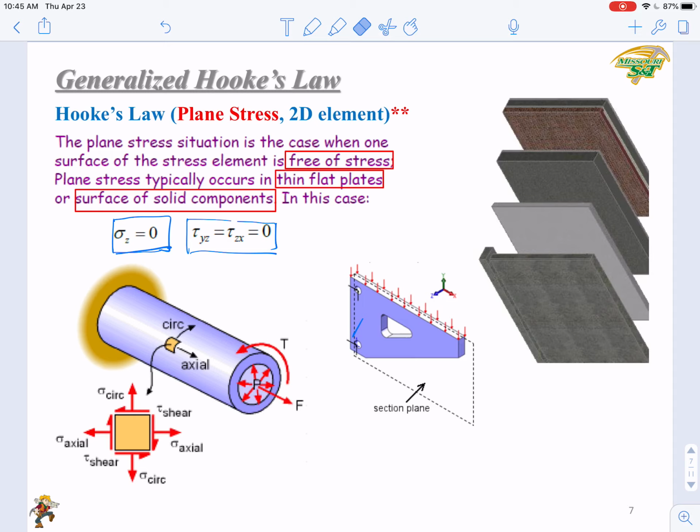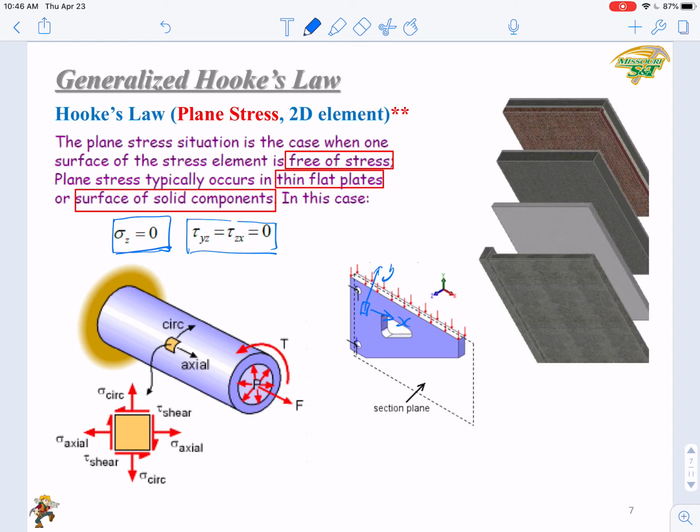As just mentioned, for a thin plate, as shown on the right hand side, if you have an element here, you can consider this the x direction and this the y direction. You don't have any stress along z direction, so this is a plane stress situation.